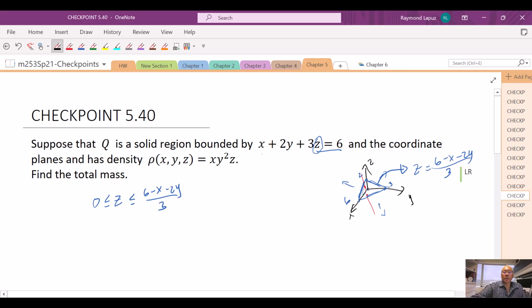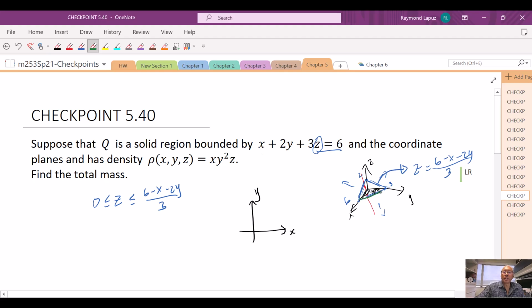So now I'm interested in looking at the two dimensions, because now I'm down to x and y. I would have already integrated with respect to z, but now I want to know what's happening on my x and y axis, so I can integrate with respect to x and y.